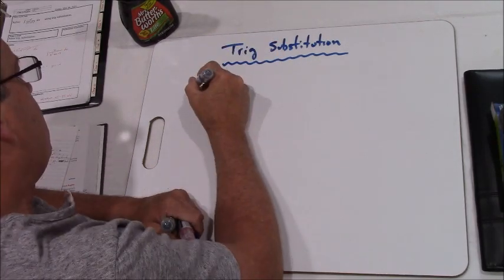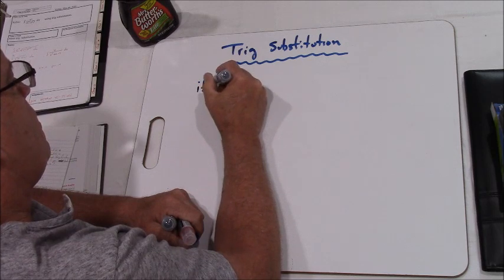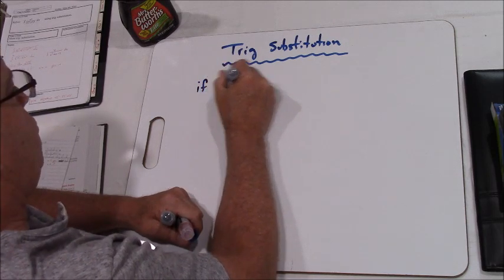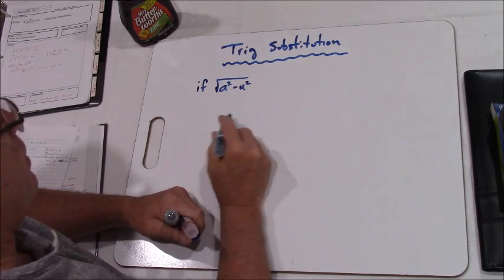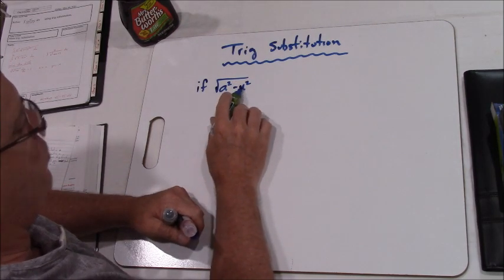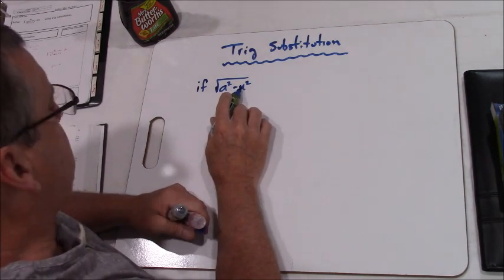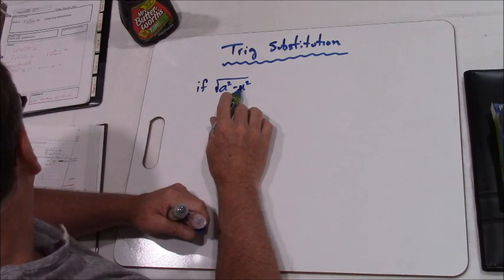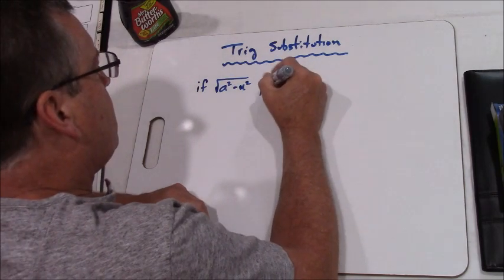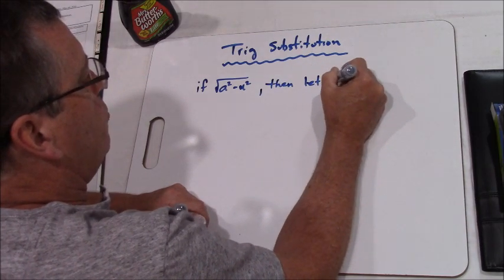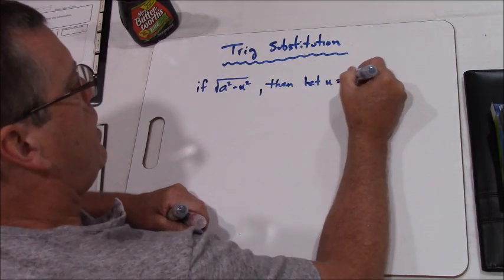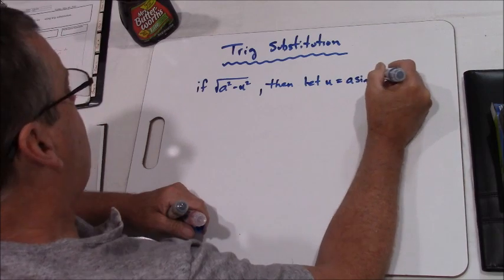These are our rules. If we see the square root of a squared minus u squared, where a is just some number and u is some expression with x's in it, then we want to let u equal a sine theta.